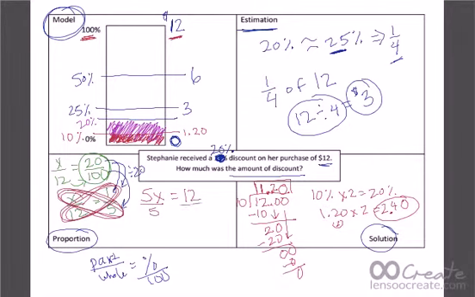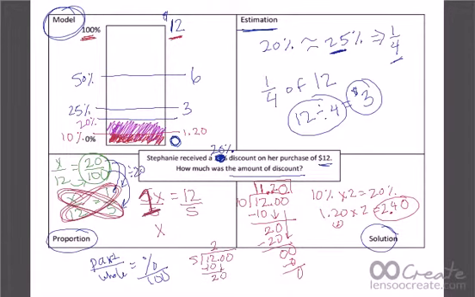I can divide each side by 5. This becomes a coefficient of 1. I get X. And now 12 divided by 5. So 5 goes into 12 2 times. 2 times 5 is 10. 12 minus 10 is 2.